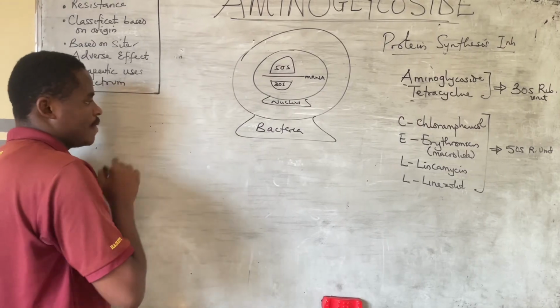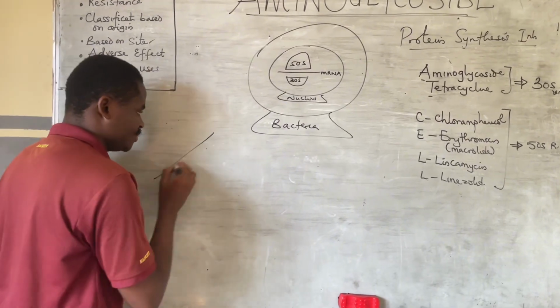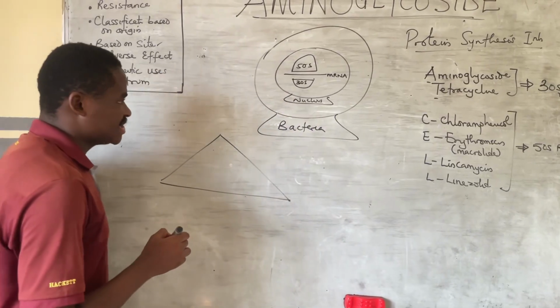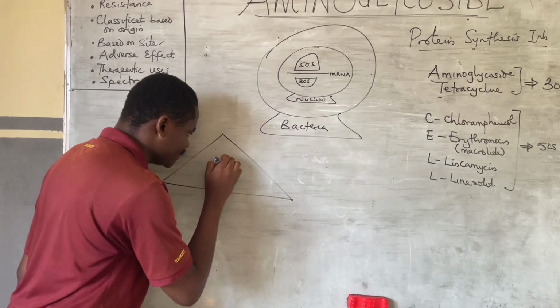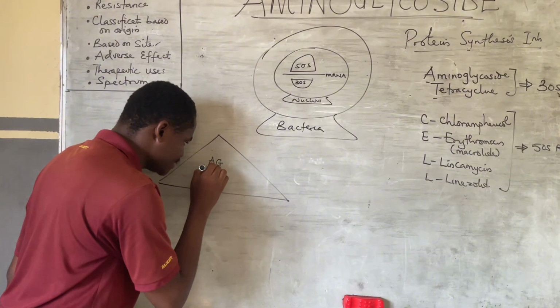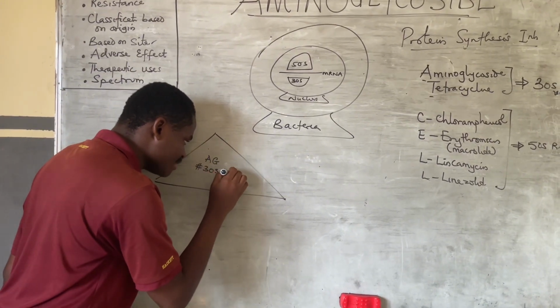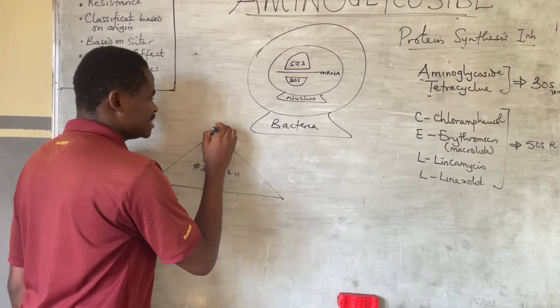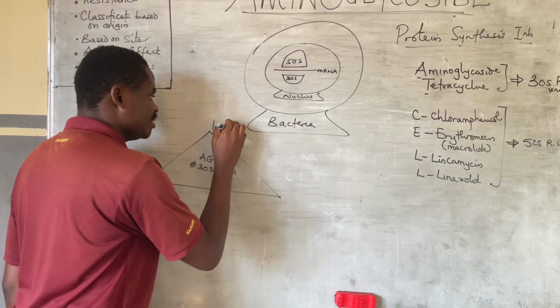All right, now let's begin. Number one, let me use a triangular fashion to illustrate this. We said aminoglycosides inhibit 30S ribosomal subunits. Now, what do they do? Number one is that they inhibit initiation.